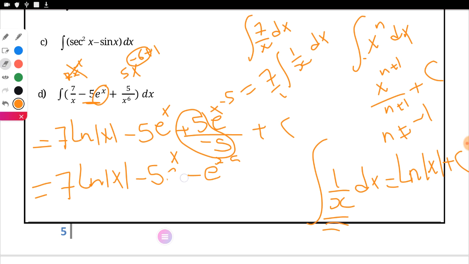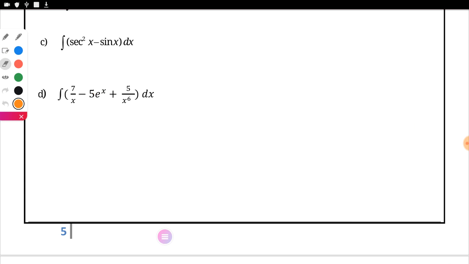Wait a minute. Here, for this one, negative 5 e to the power x. What is this? From where is this one? x to the power negative 5. From where e? Okay, I'm sorry. So it will be, again, I'm so sorry.